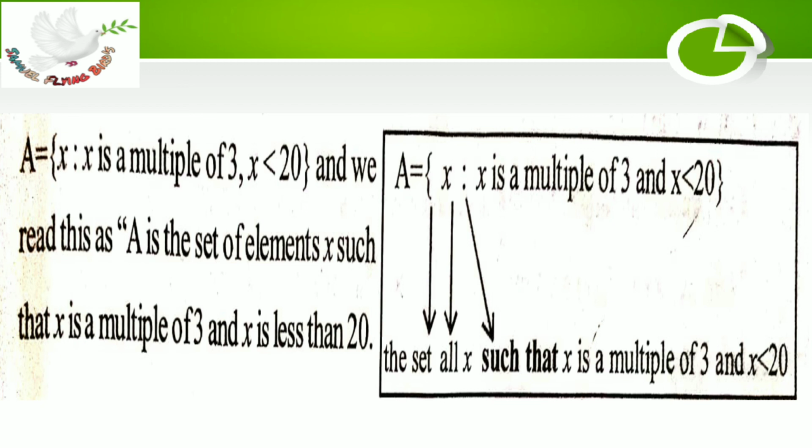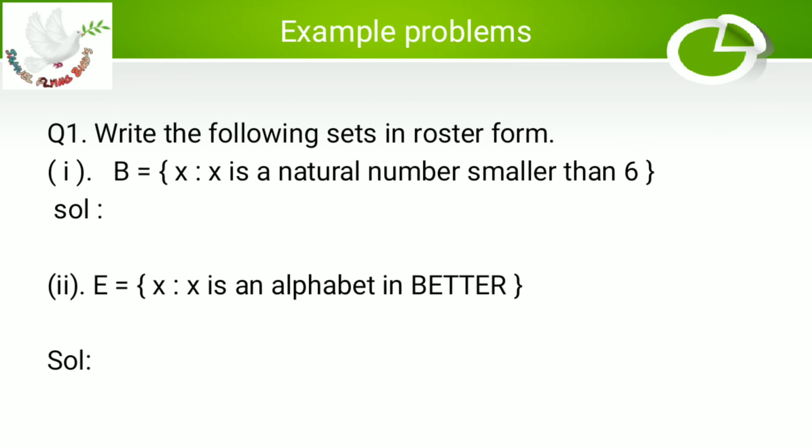The set is represented in the given form in the table. For example, we are considering the first one. Write the following sets in roster form. There are sets given in set builder form, and we are writing them in roster form. B equal to {x such that x is a natural number smaller than 6}. We need to write the natural numbers which are smaller than 6.